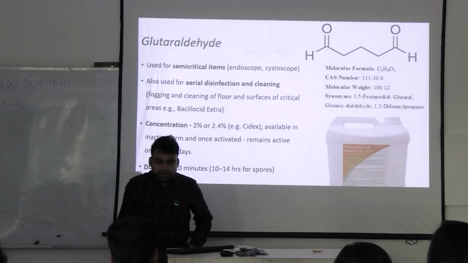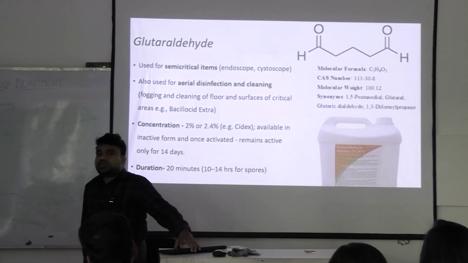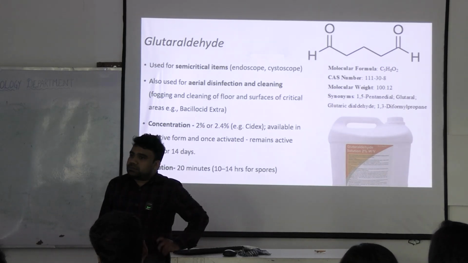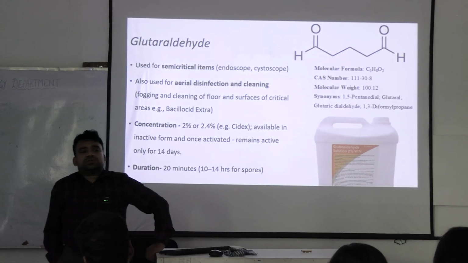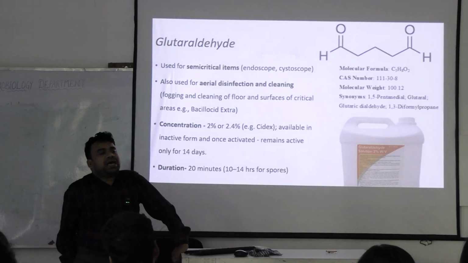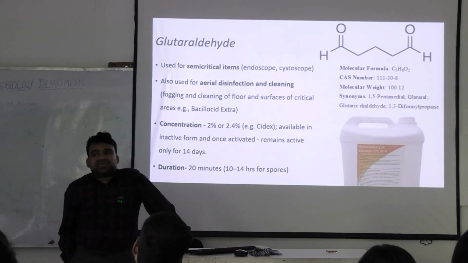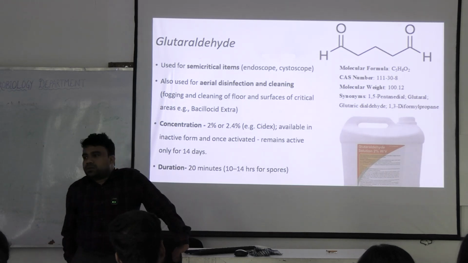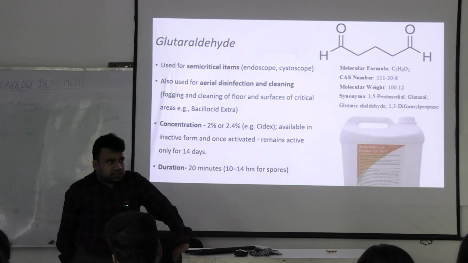What is fogging? Fogging is a method by which an area or room can be disinfected. For example, suppose we have a patient who is highly infectious, admitted in a particular room. The patient will either get better or might succumb to the illness.